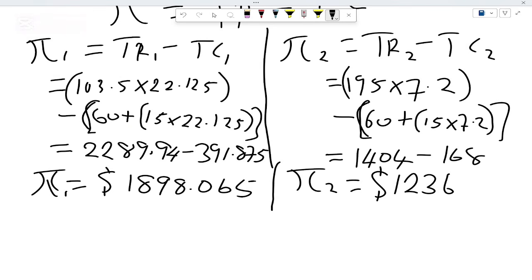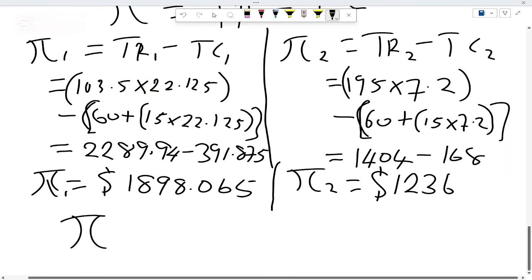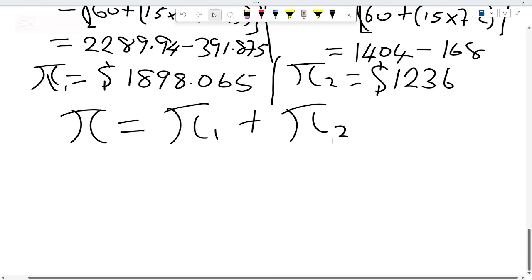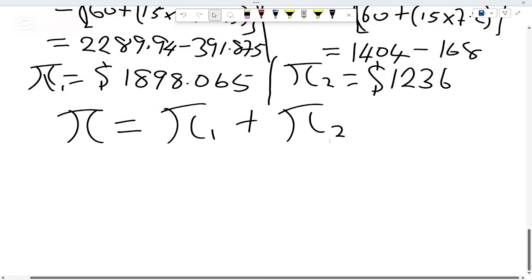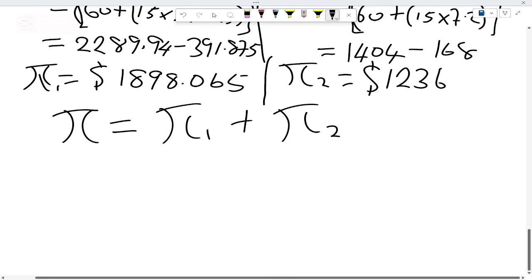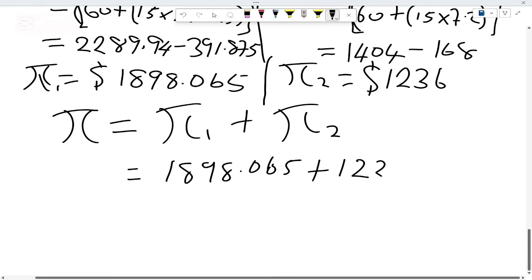1,236. You can now calculate the overall profit, as we said, which will be profit 1 plus what? Profit from the second market. So when you do all of that, this will be 1,898.065 plus 1,236.